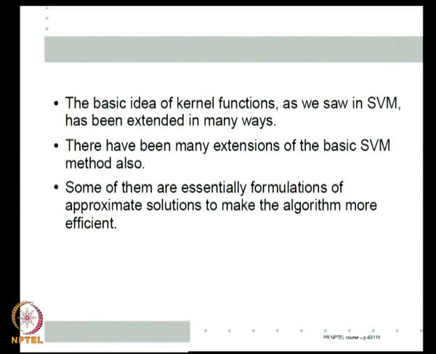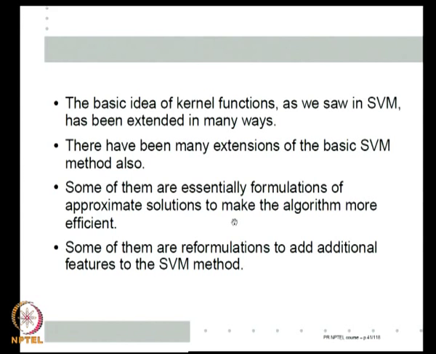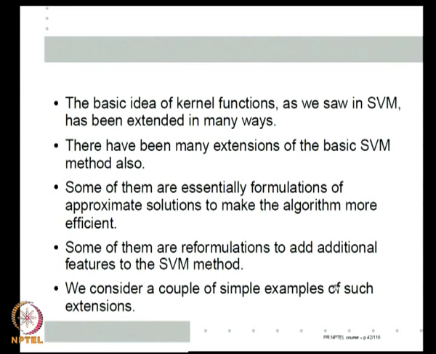Some of them are, you can reformulate the SVM problem so that I get maybe only an approximate optimal hyperplane, but the algorithm is more efficient, or I reformulate exactly in the sense I still get the optimal hyperplane, but I can add some additional features to the original SVM method. There are many variations like this today. For this course, to stick to our time and other constraints, I am just going to illustrate it with just 2 simple examples, one of each kind.